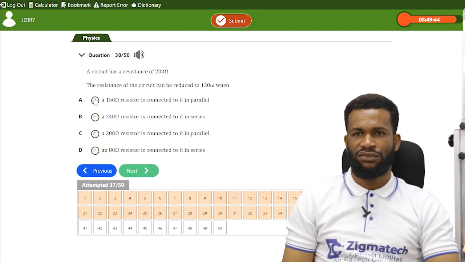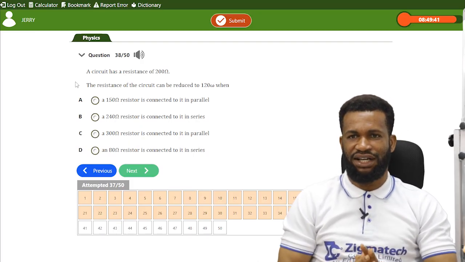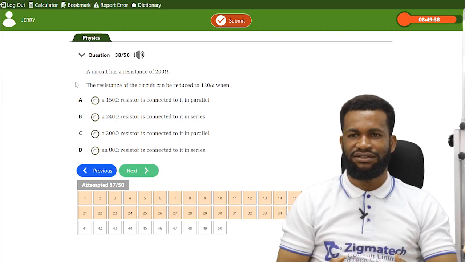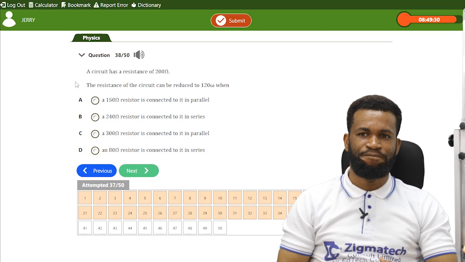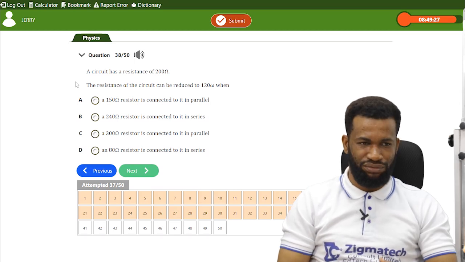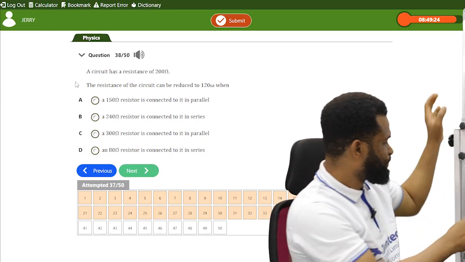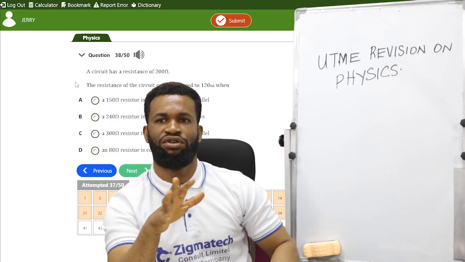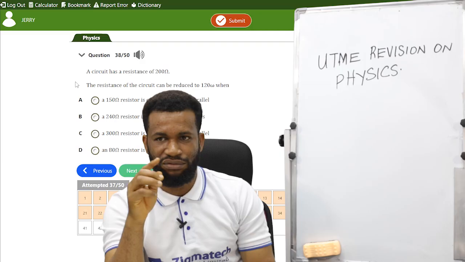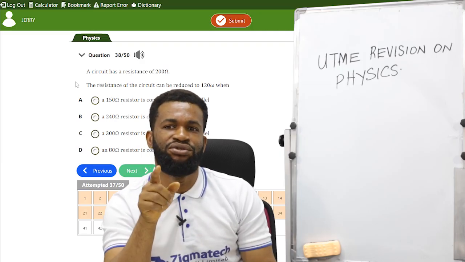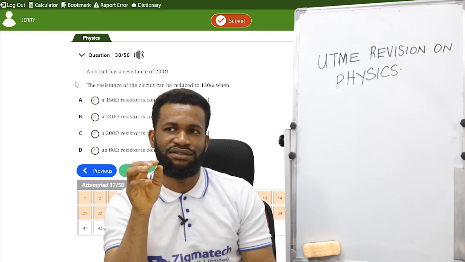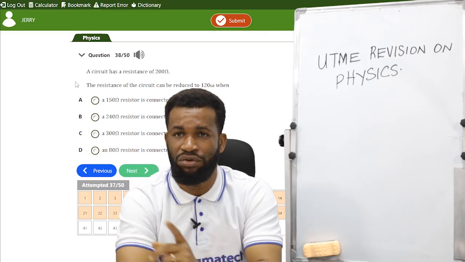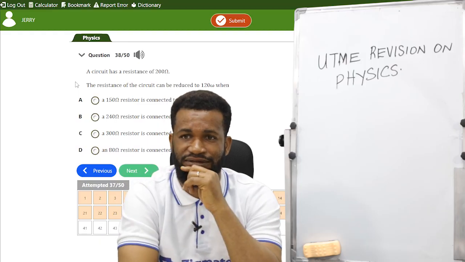This question is saying that a circuit has a resistance of 200 ohms, and the resistance of the circuit can be reduced to 120 ohms. So in order to reduce a resistance, either you... So first of all, we are going to find which one is effective resistance.